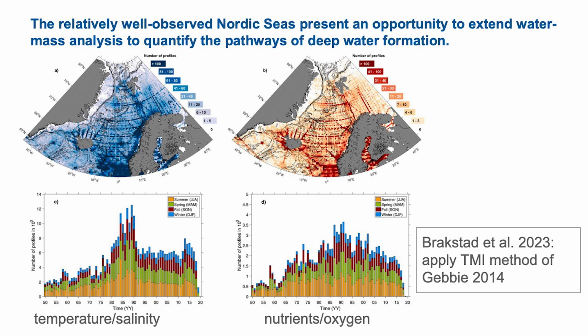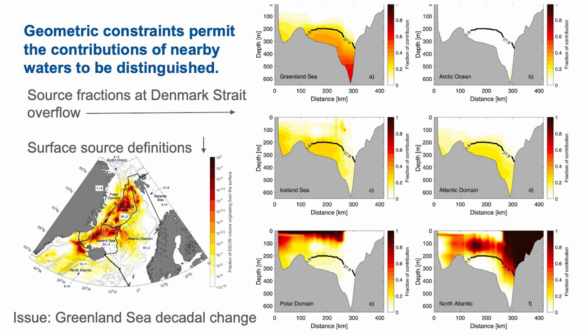Okay, if we take just temperature, salinity, oxygen, nutrients, and add geometric constraints to them, it permits the contributions of waters that really aren't coming from places that are all that different from each other. In this case, the bottom left-hand panel is showing different regions in the Nordic Seas. We've got black lines distinguishing different surface patches.